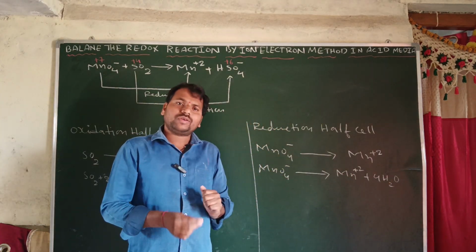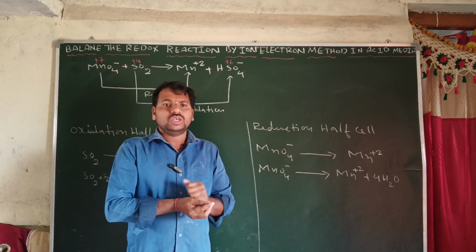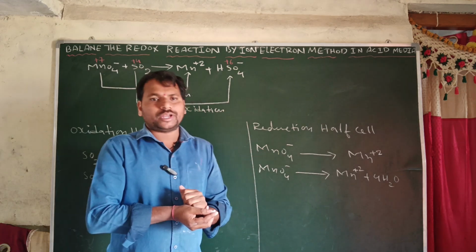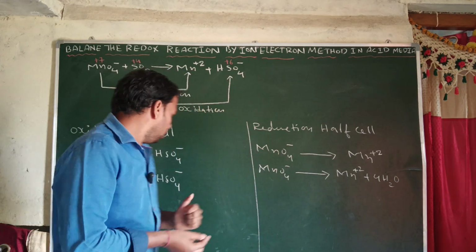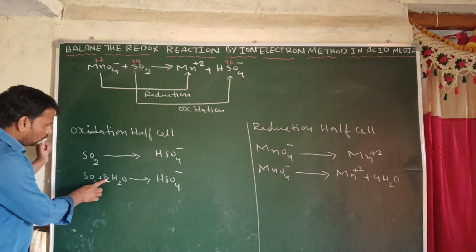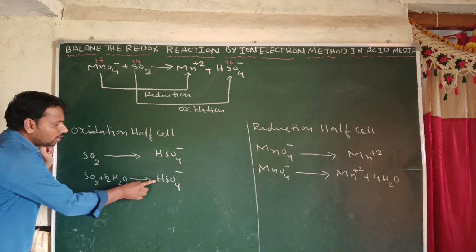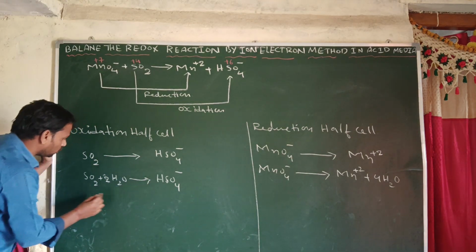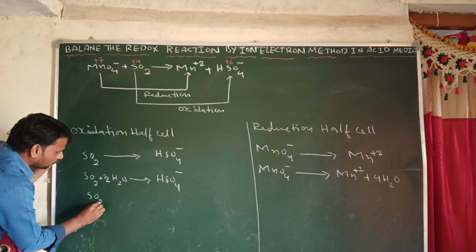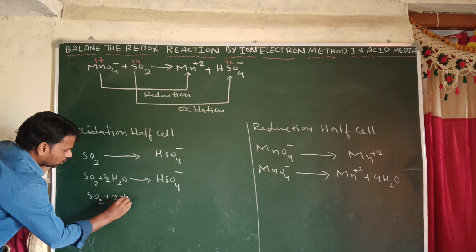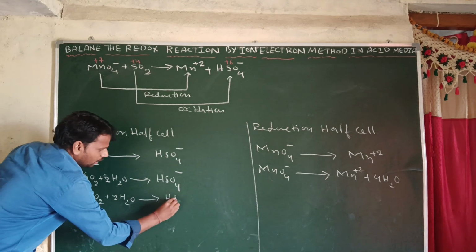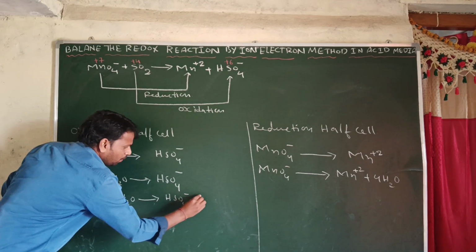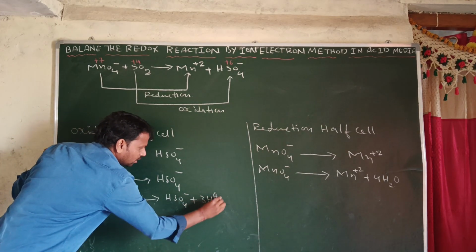In the next step, we can balance the hydrogens. Where there is a deficiency of hydrogen, we add protons in the case of acid media. Here 4 hydrogens are there, and here only 3 hydrogens. So I write SO2 plus 2H2O gives rise to HSO4 minus plus 3H plus.